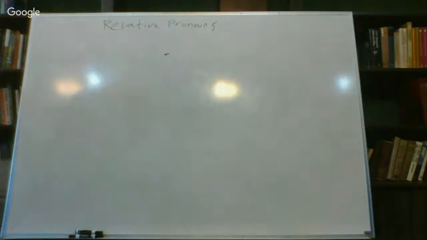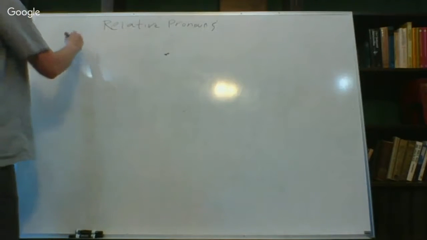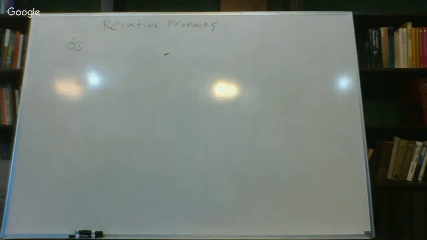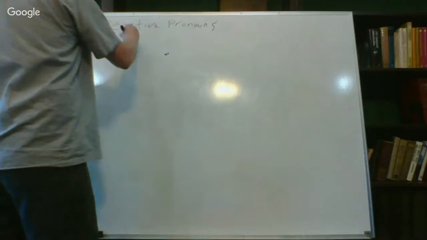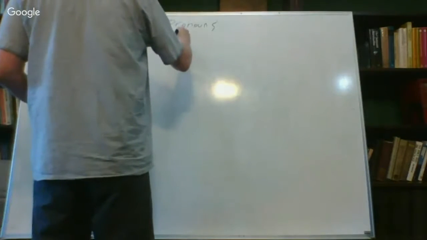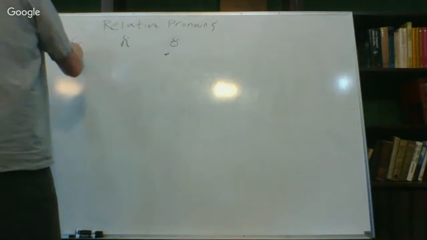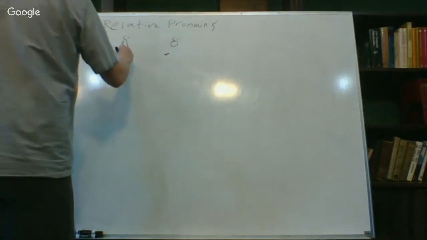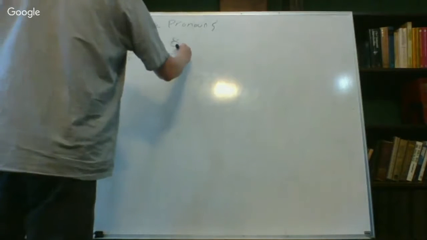So the relative pronoun is a really basic paradigm, but we still need to learn it. Hos, hē, ho. And then we're going to have hou, hēs, hou.